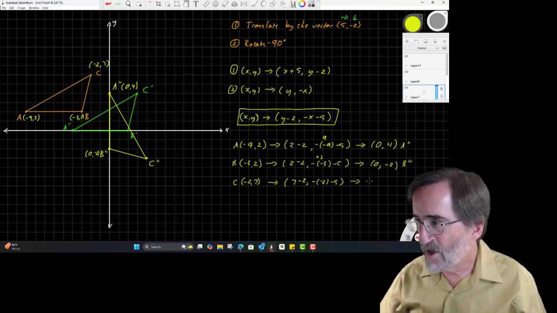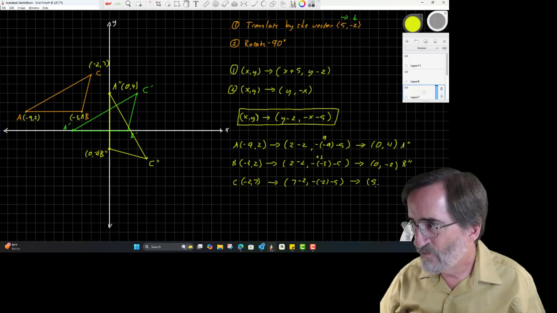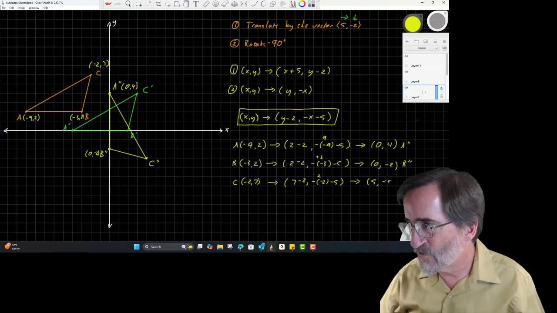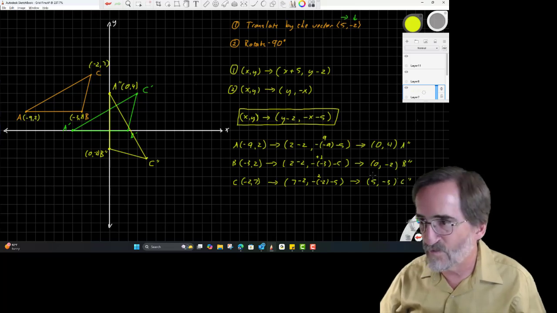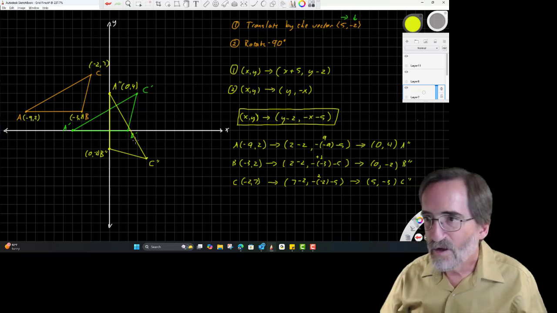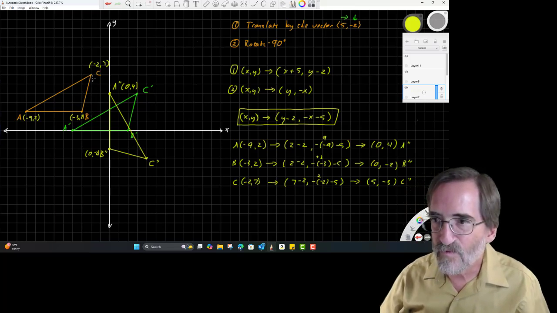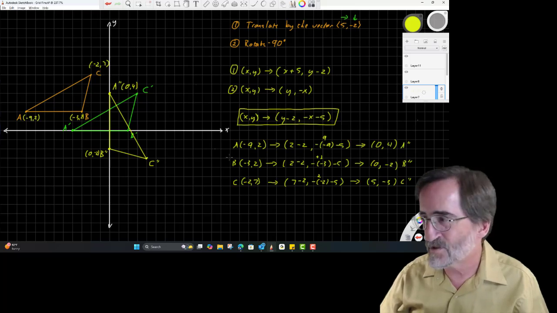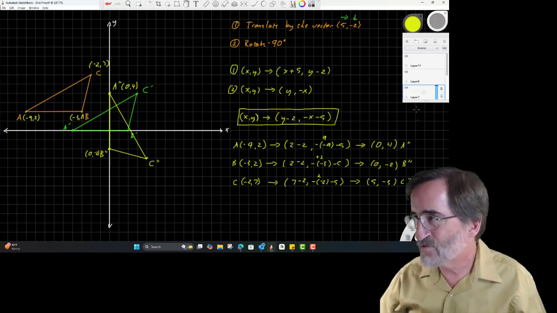Okay, 7 minus 2 is 5. Negative of negative 2 is 2, minus 5 is negative 3. So (5, negative 3)... and whoops, C isn't 7. C is 6. So that's where I made my mistake.